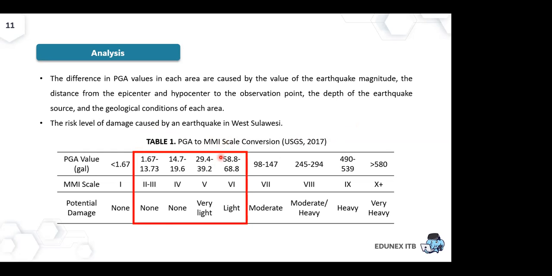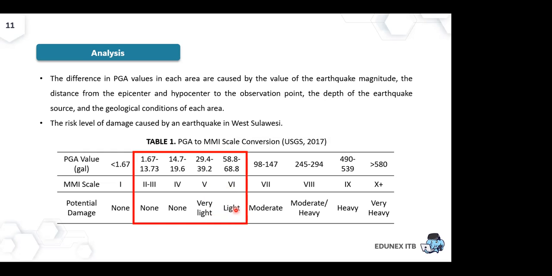Based on this table, it can be seen that Mamasa Regency and some areas in Mamuju Regency that have the largest PGA value are included in level 5 to 6 MMI with the potential damage being very light to light.